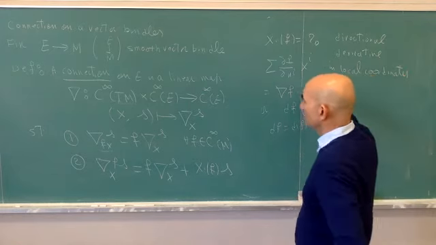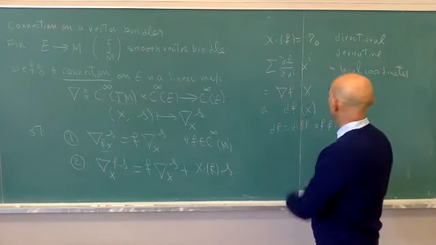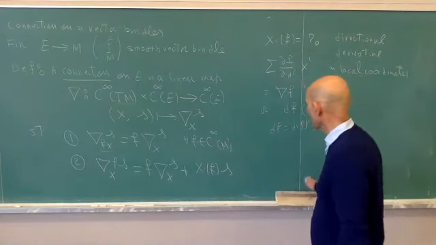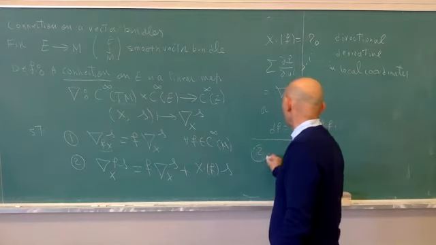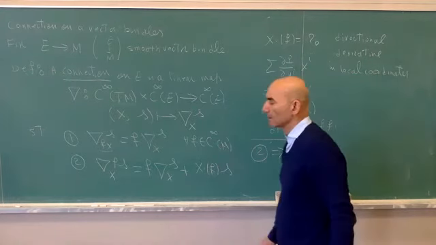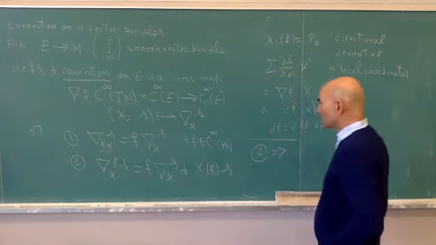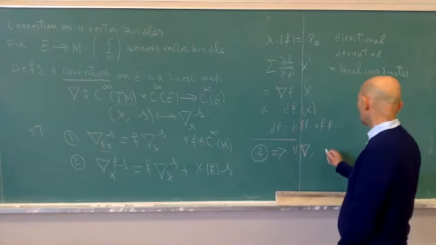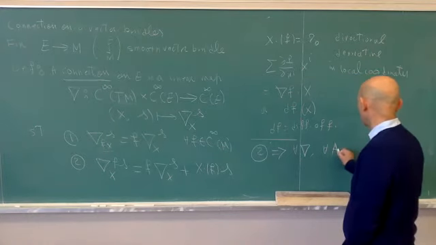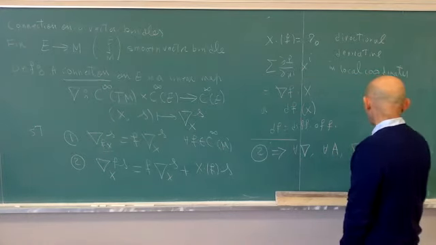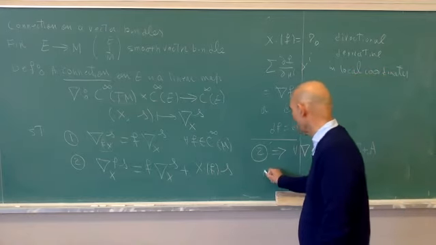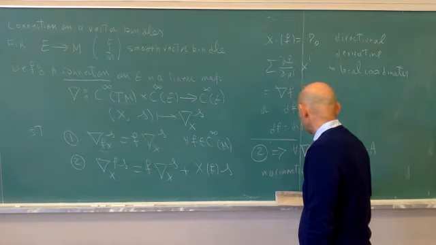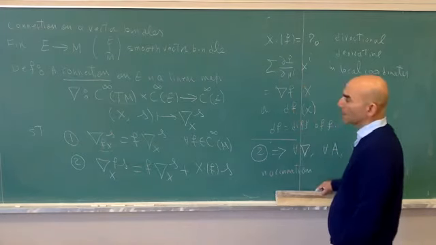So this property 2 prime that I just erased implies that, okay, for any nabla and for any a, nabla plus a is again a connection. So what is a?